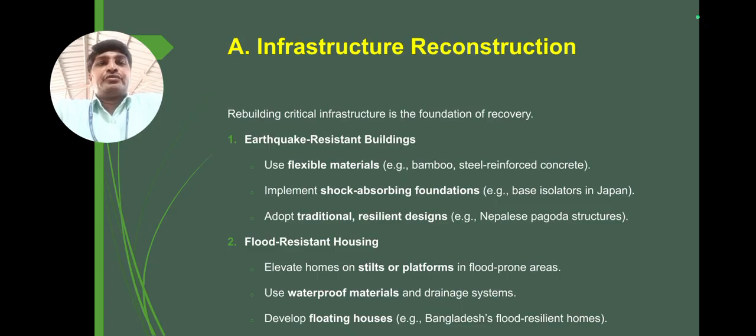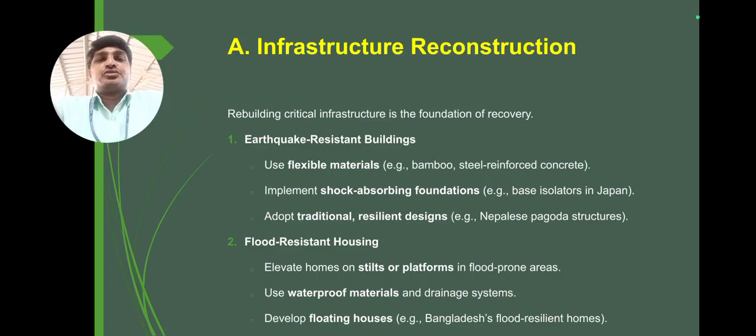We can also implement flood-resistant housing, elevating the homes whenever floods occur. Elevated homes, like buildings raised on stilts or platforms in flood-prone areas, protect the people living in them.